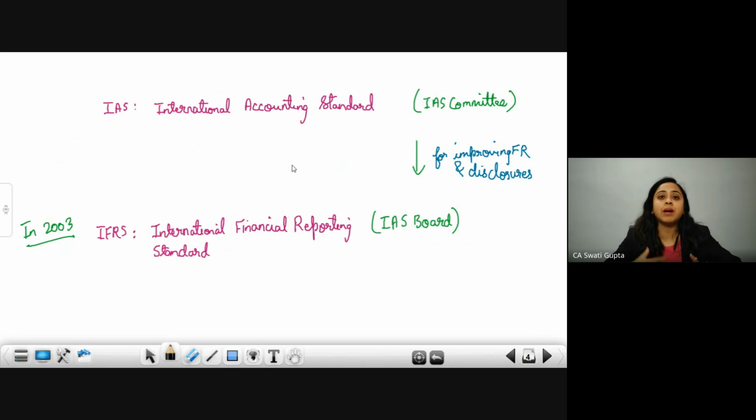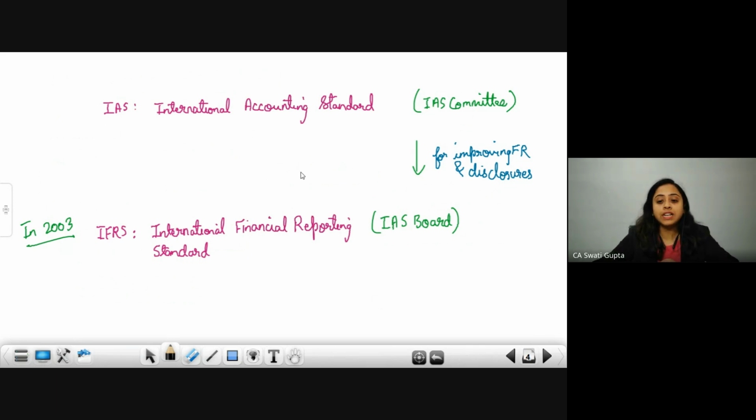It needs some amendments, major changes as well as some critical small changes. So IASB was formed and came into the picture, and said, let me take charge. Let me introduce a separate set of standards known as IFRS. IFRS stands for International Financial Reporting Standards.